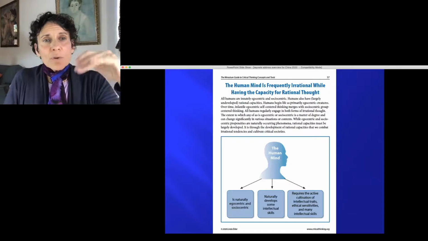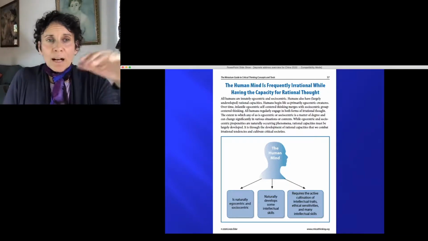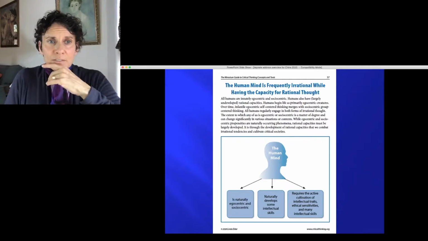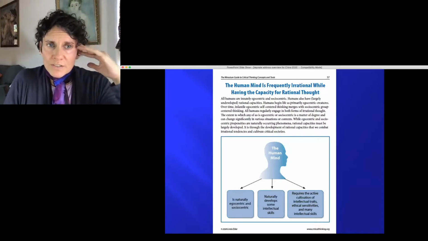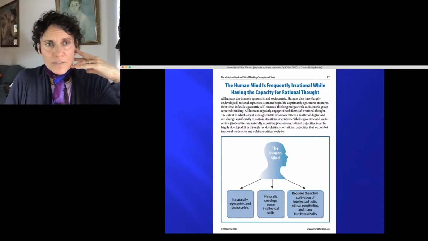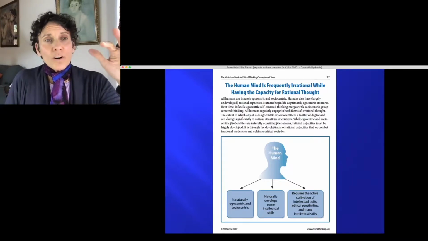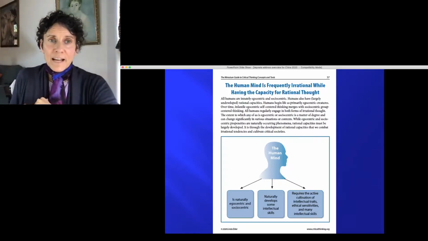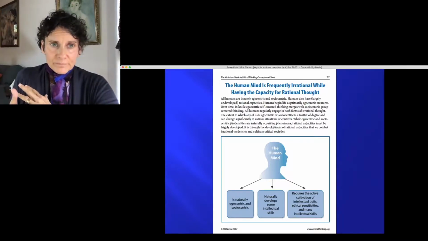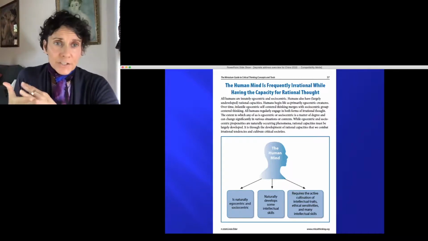Well, there's nothing wrong with protecting your group as long as by doing so you're not violating the rights and needs of someone else. That's the question. There's nothing wrong with pursuing your own desires as long as you're not violating the rights of someone else. It all boils down to this: are you denying someone or a sentient creature a right that they should naturally have? A right that they should have by their very nature.